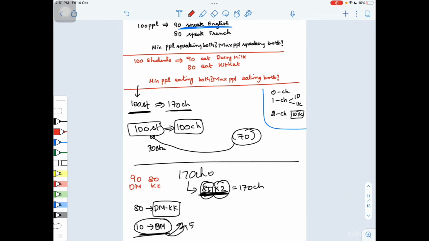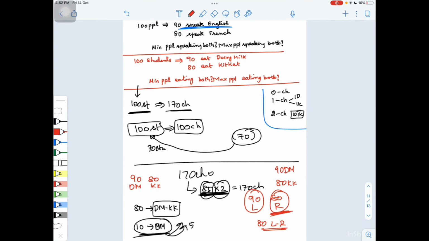This particular point should be taken into consideration. An alternate approach to look at this is, let's say I have 90 Dairy Milk and 80 Kit Kat. You can look at it as 90 left shoes and 80 right shoes. How many pairs can I make? There may be 10,000 left shoes. It doesn't matter. I only have 80 right shoes, so I can only make 80 left-right pairs.